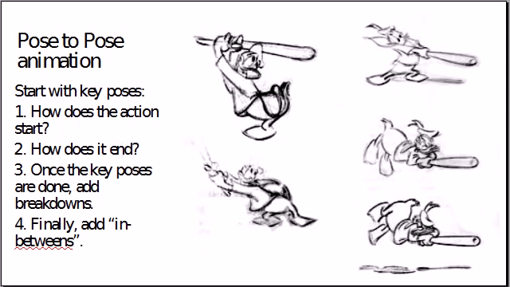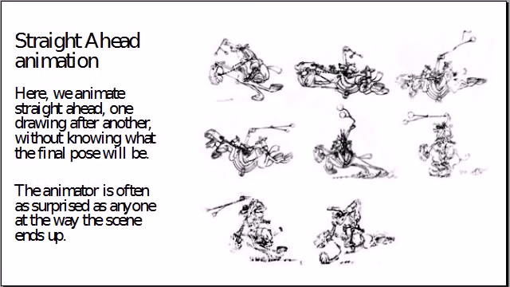But there is another way of working, called straight-ahead animation, and it's really what people have to do with stop-frame animation. So, for example, Wallace and Gromit or Chicken Run, that kind of animation. Here, you're forced to animate straight ahead because you've got a clay model, and you have to take a picture one after the next, gradually moving the model forward.